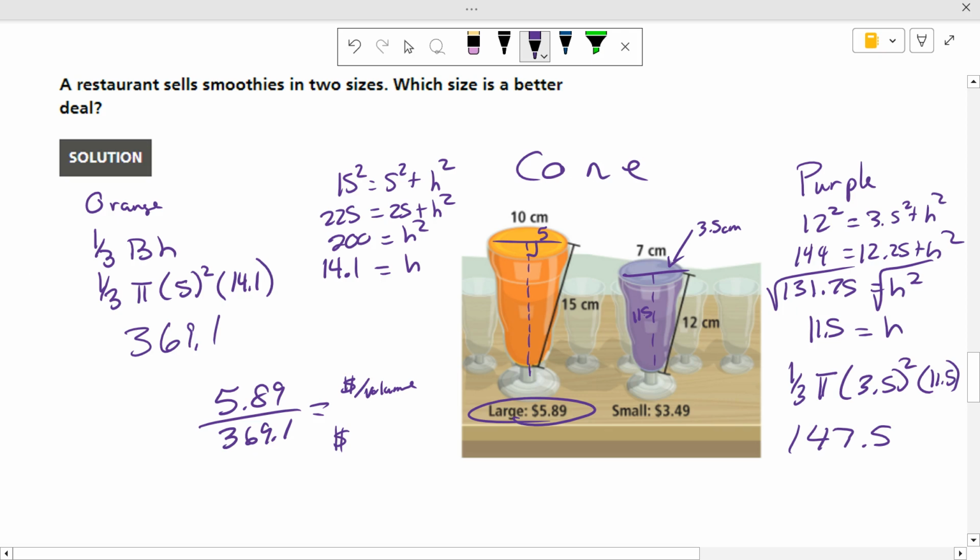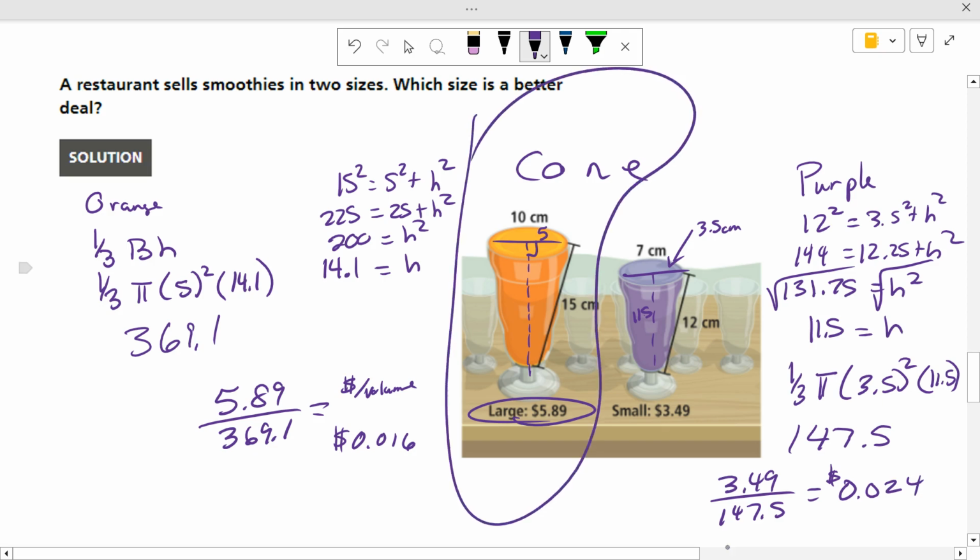What do you get? 0.016. And then on this one, you take $3.49 divided by 147.5. Again, you're going to get a really small number, 0.024. So the orange one, the big one, is the better buy.